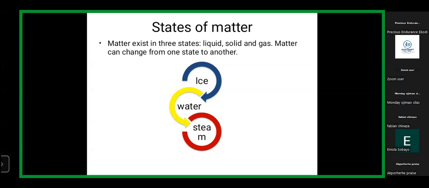Most matter actually undergo this process, including your jewelries, your gold, your silver. Initially, they were in solid form before they were melted, and melting it means it has been converted to a liquid form before it now solidifies back. So there was a change in temperature from the heat to cool.